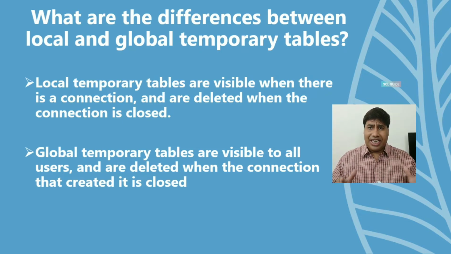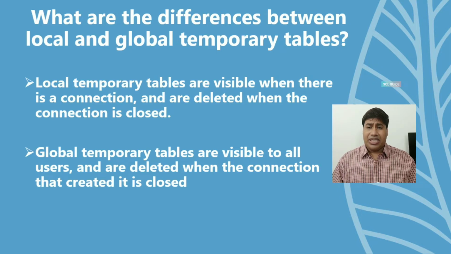Local temporary tables are visible only within the connection and are deleted when the connection is closed. Global temporary tables are visible to all users and are deleted when the connection that created them is closed.